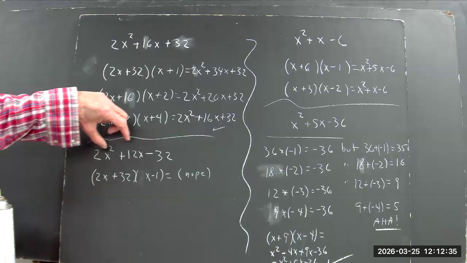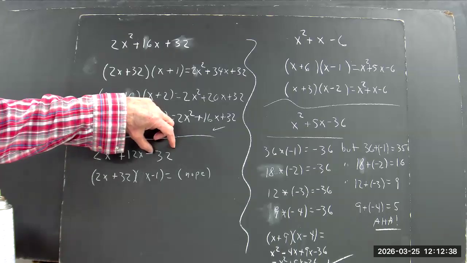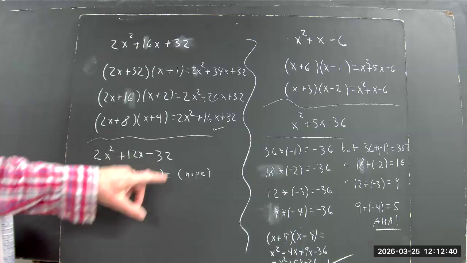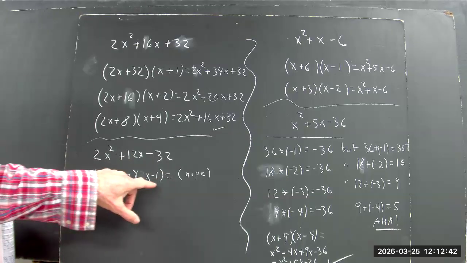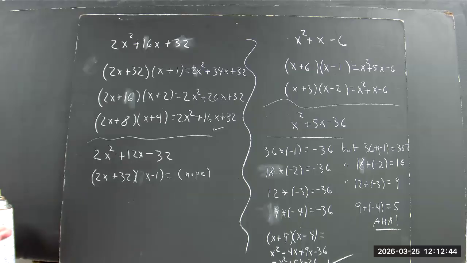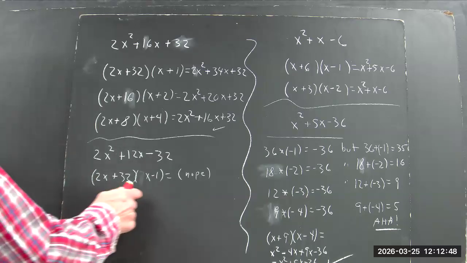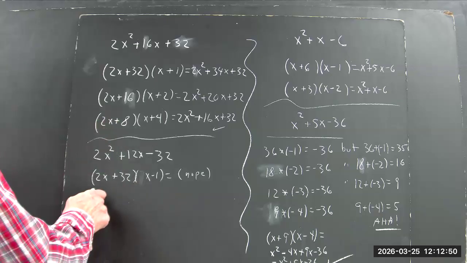Again, our goal is 2x squared plus 12x minus 32. So then minus 32 could be a 32 and a minus 1. And that's obviously going to be a non-starter. You're going to have 32x minus 2x. You're going to end up with 30x.